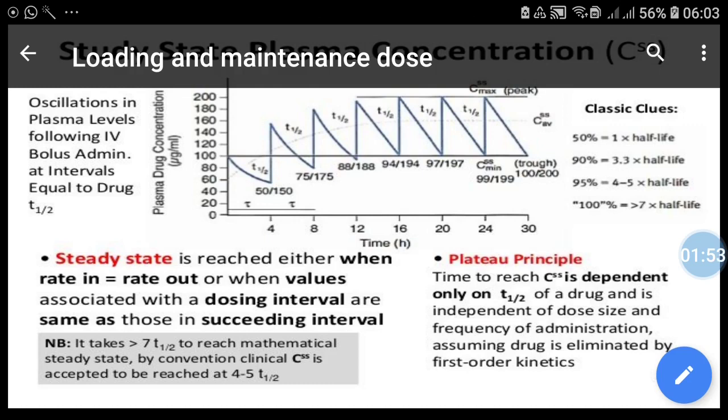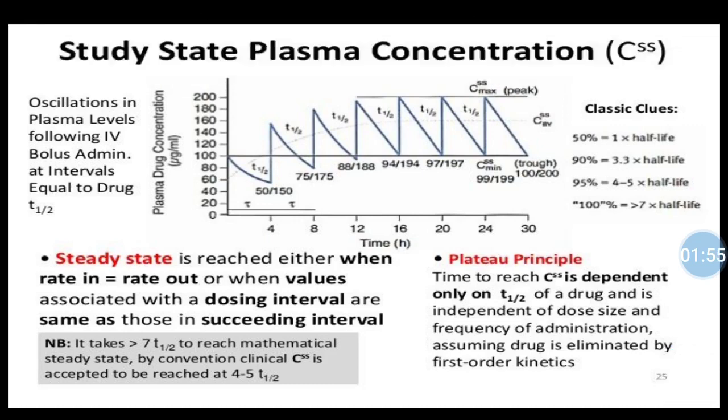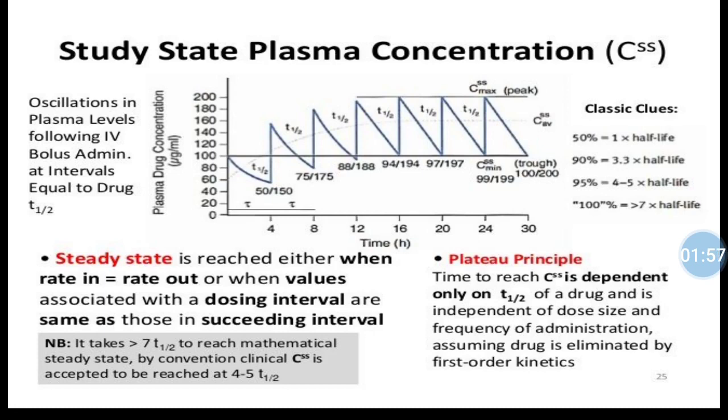So if a dosage form is to be transformed into modified release, maybe a sustained release dosage form, then it requires a minimum of 4 to 5 half-lives to attain 95% of the steady state concentration.